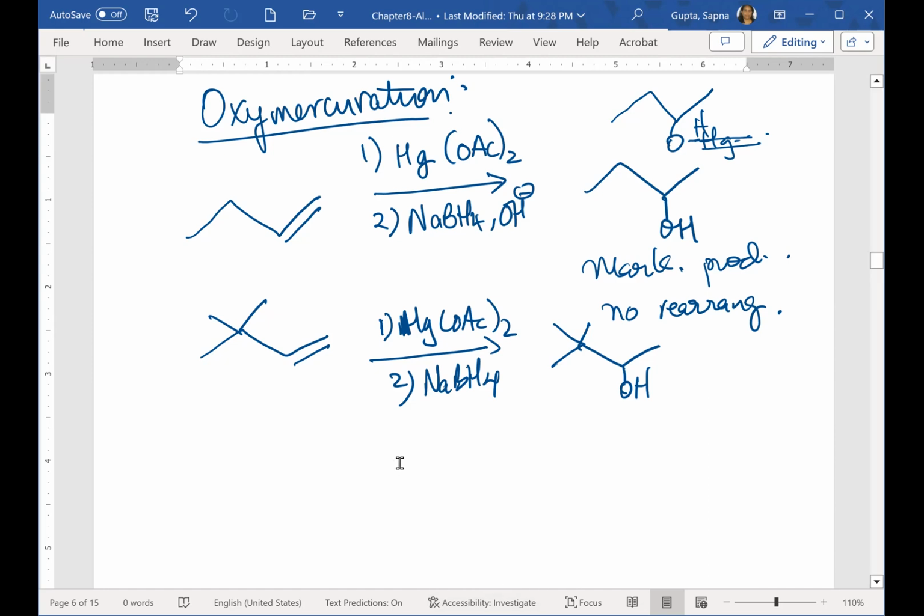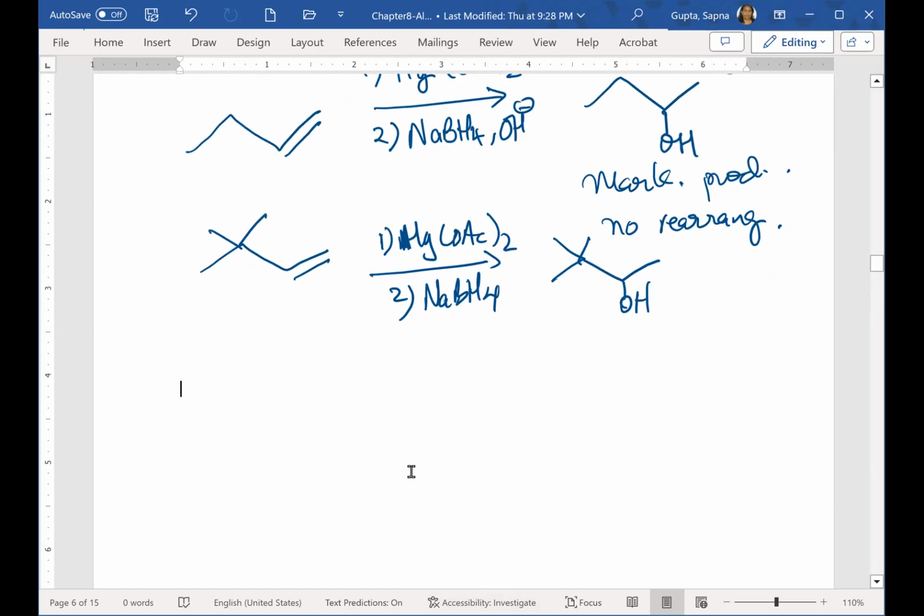So now let me tell you what this mercury acetate thing is, because I wrote Hg(OAc)2. This is a diacetate, but the Ac is what I need to explain to you because this is our shorthand. You know the shorthand we use for methyl, ethyl, propyl, right? Me, Et, Pr, Bu for butyl, and so on. So Ac is like that also.